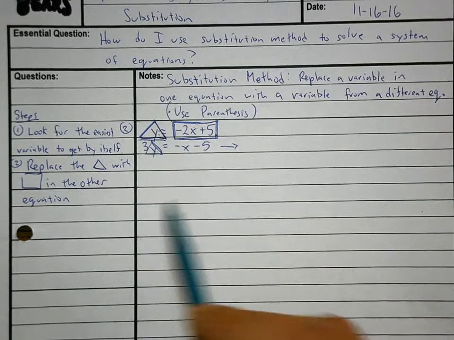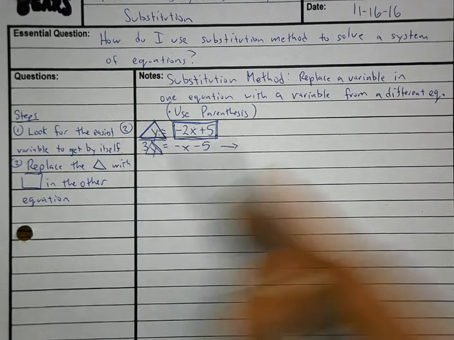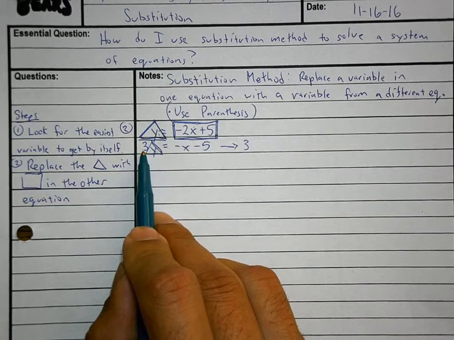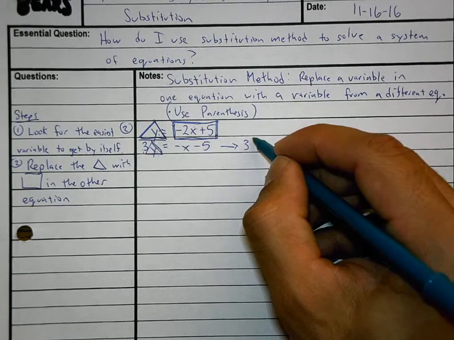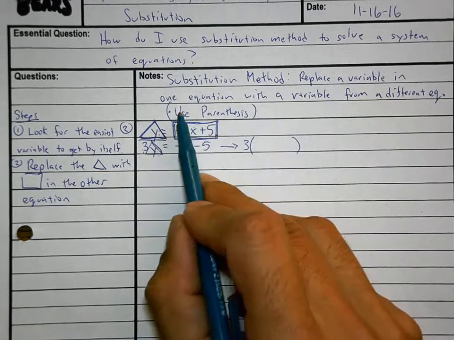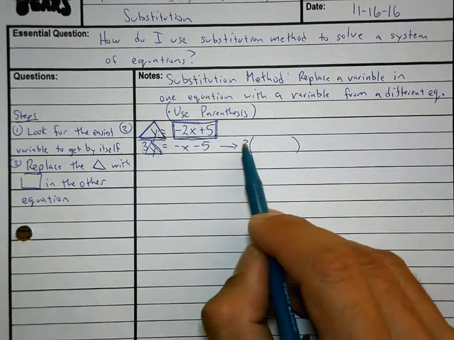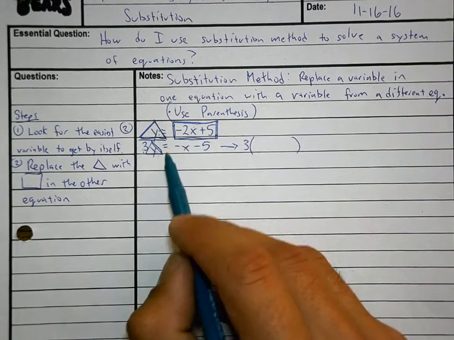So here's what I do. Just like I did before in other problems, I have the 3. See how I did not replace that? And then I have this triangle, and I need to replace the triangle. This is where I use parentheses. 3, parentheses for the triangle, equals.